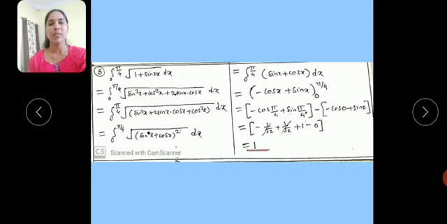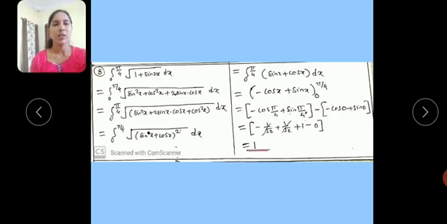And now the third step: integral from 0 to pi by 4 of sin square x plus 2 sin x into cos x plus cos square x dx. This is equal to the integration from 0 to pi by 4 of square root of (sin x plus cos x) its square dx.